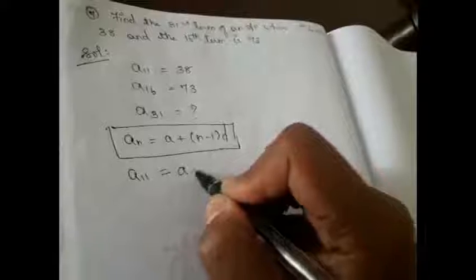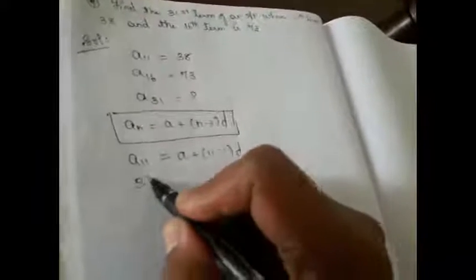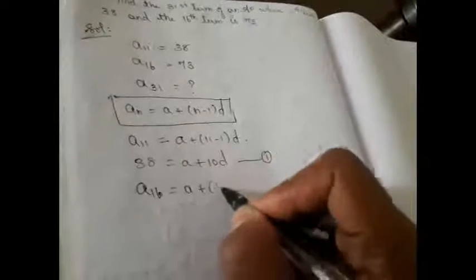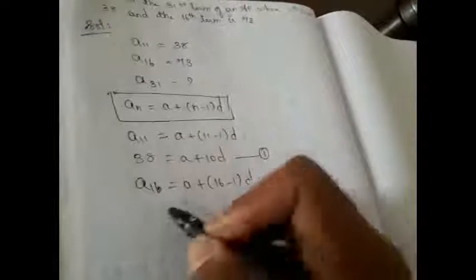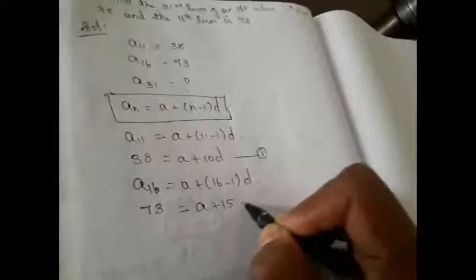Now A11 is A plus 11 minus 1 times D. A11 is 38, so 38 is equal to A plus 10D, which is your first equation. Similarly, A16 is equal to A plus 16 minus 1 times D. A16 is 73, so 73 equals A plus 15D is your second equation.